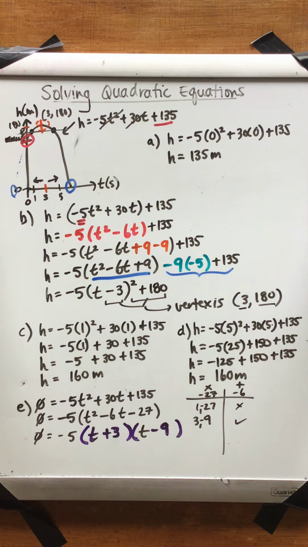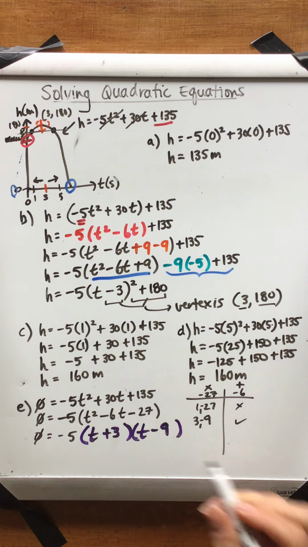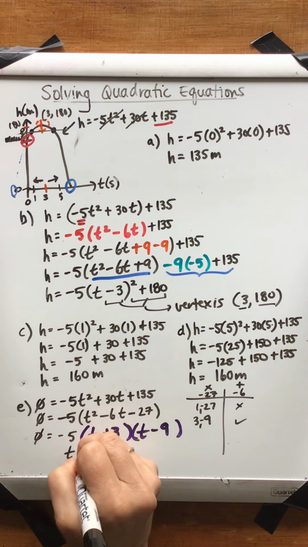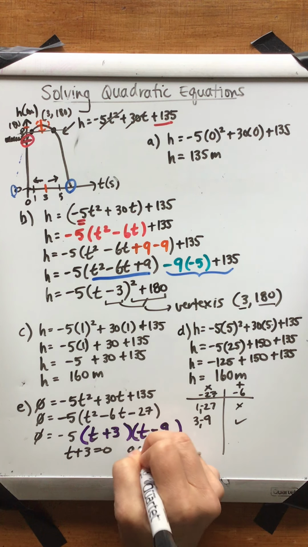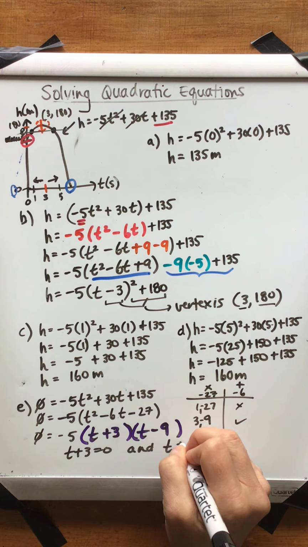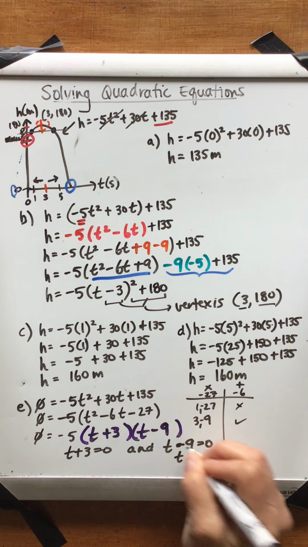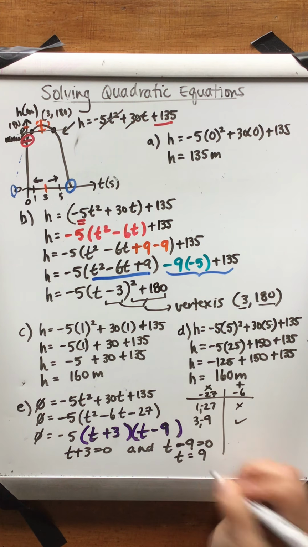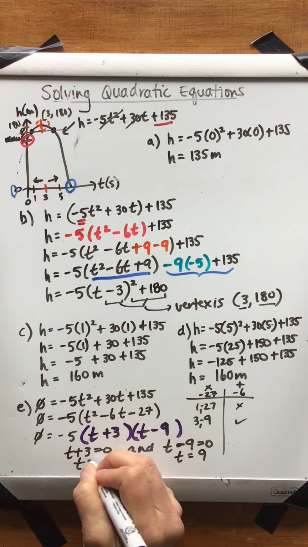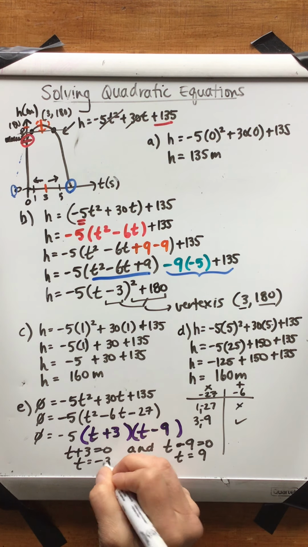The reason for that is that if I set each of these pieces equal to 0 in order to solve for t, I have to bring this term, negative 9, to the other side, which makes it positive, or here I have to bring the positive 3 over, which makes it negative.